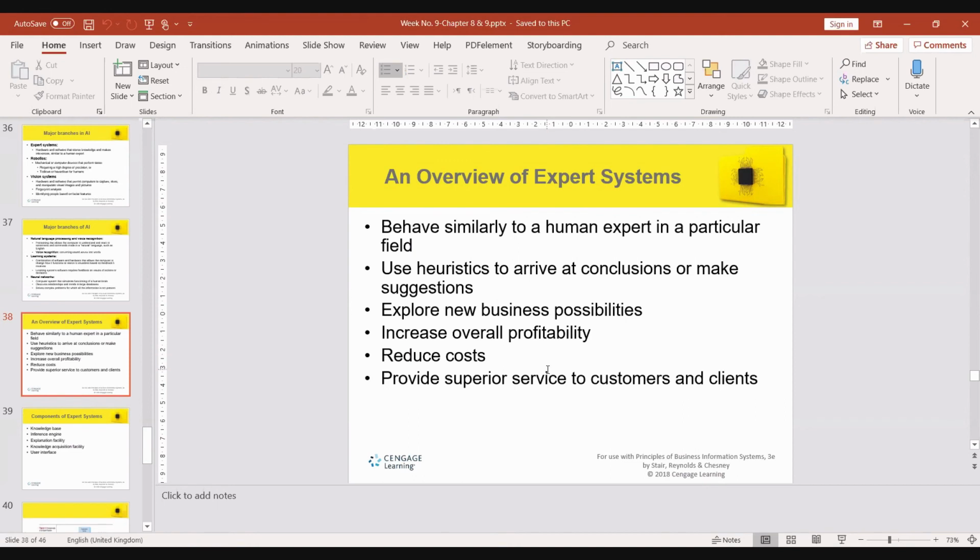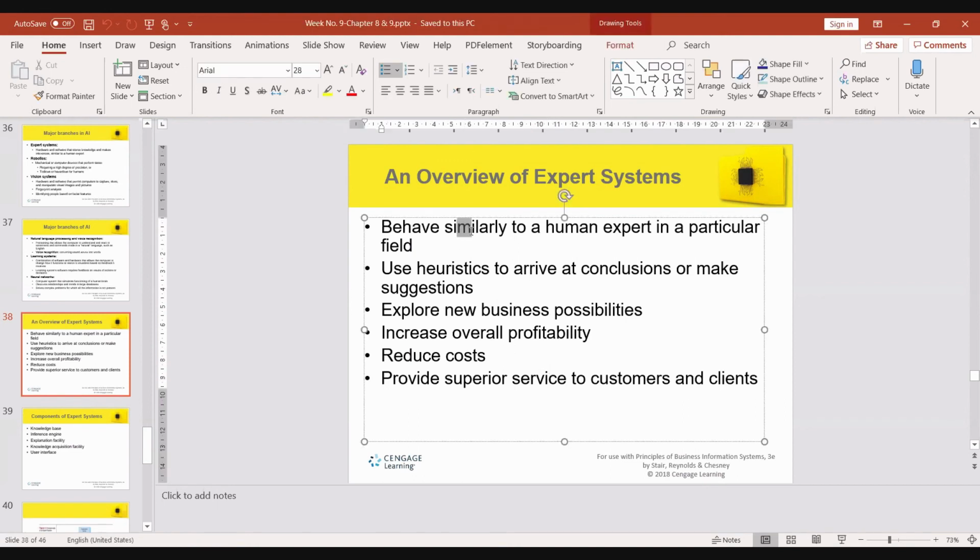Next, we have expert system. It behaves similar to a human expert in a particular field. That's why it is an expert system. It uses heuristics. For example, as a student you want to decide which program you should take admission in.